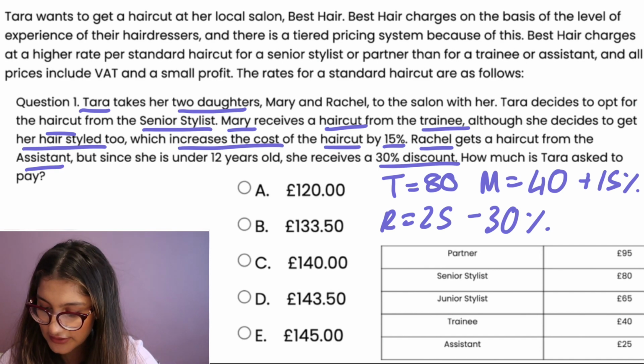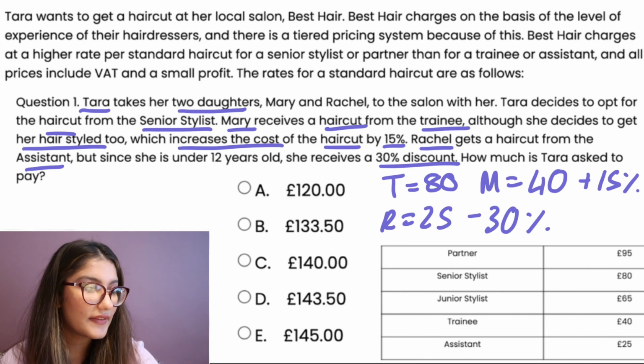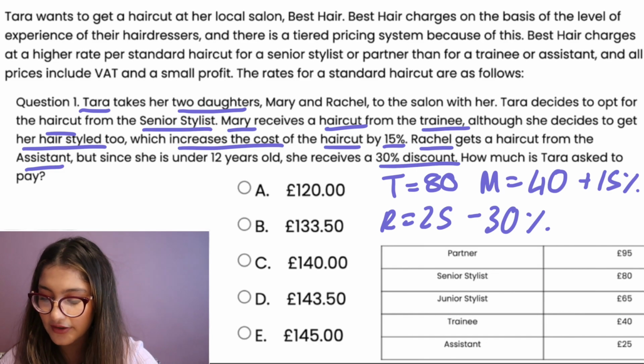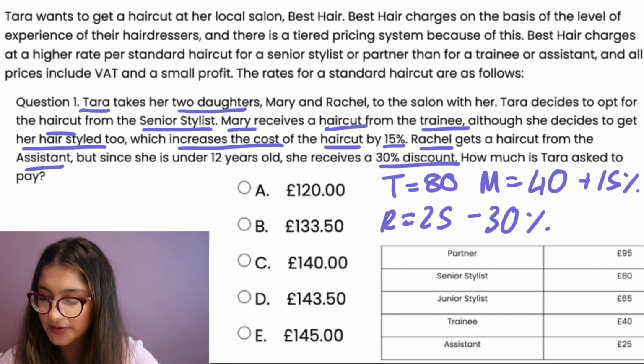Okay, so that's plus 15%, and then Rachel gets a haircut from the assistant, which is £25, but it is minus a 30% discount.